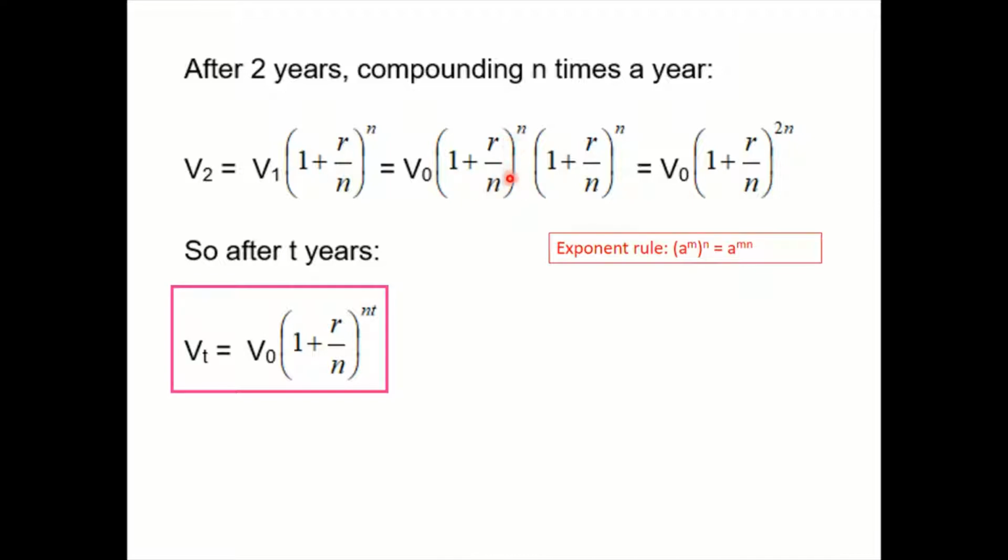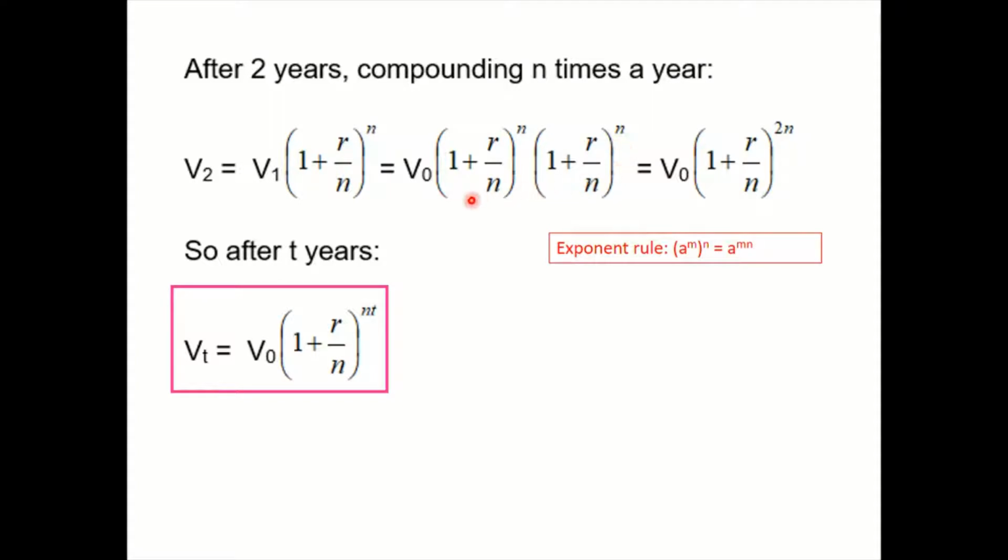And obviously what's in this bracket is also raised to the power of n. So this will apply to the first year, and then we have to multiply again by what we have in the bracket raised to the power of n.